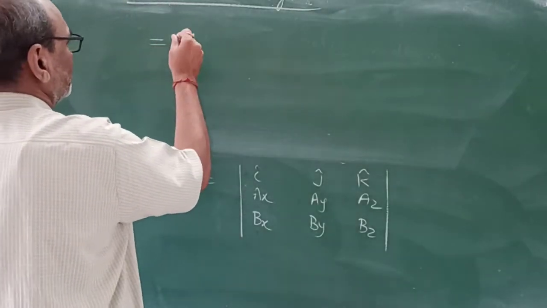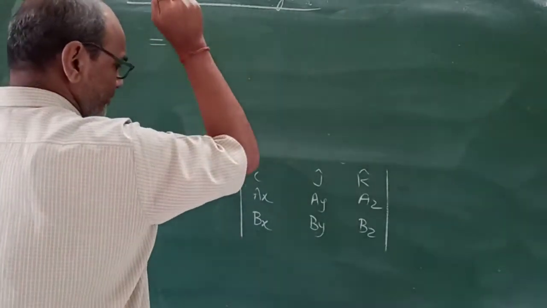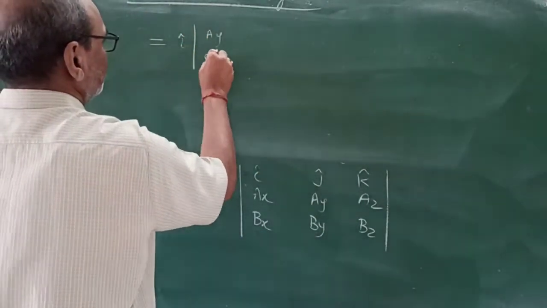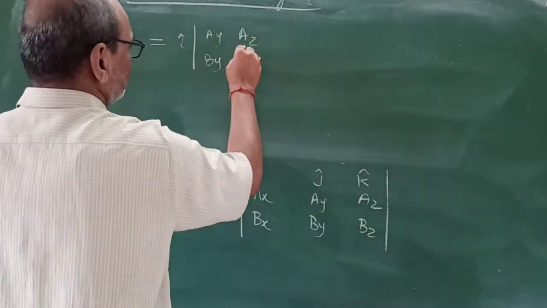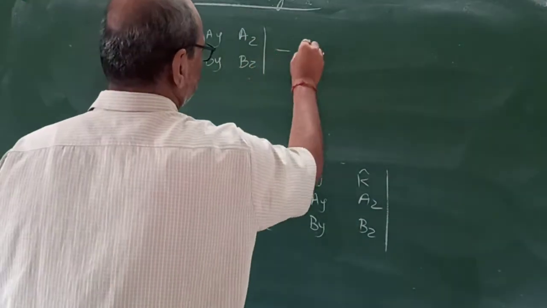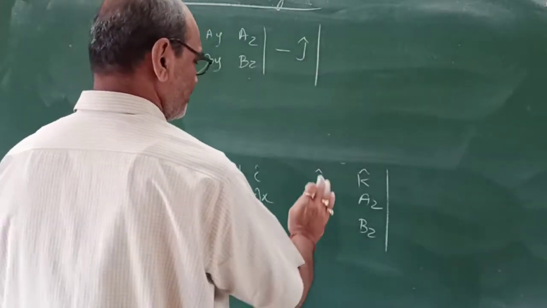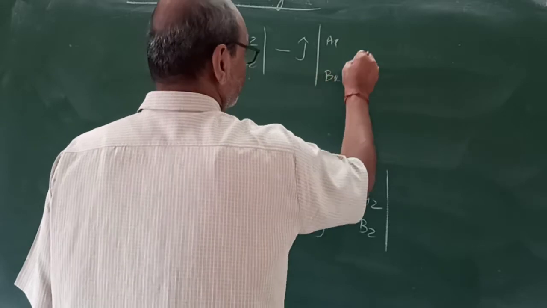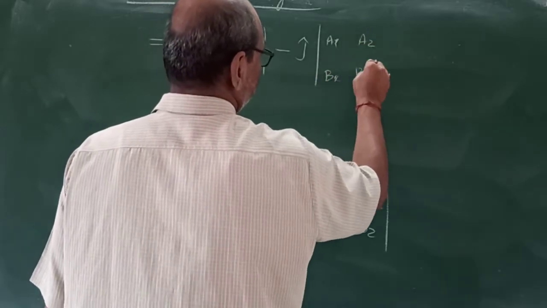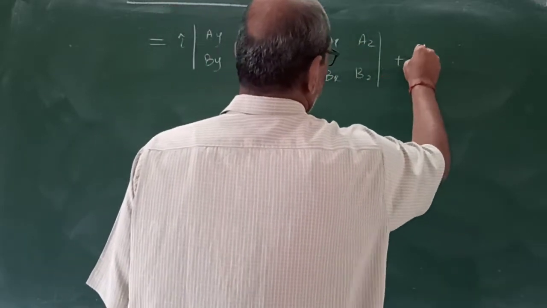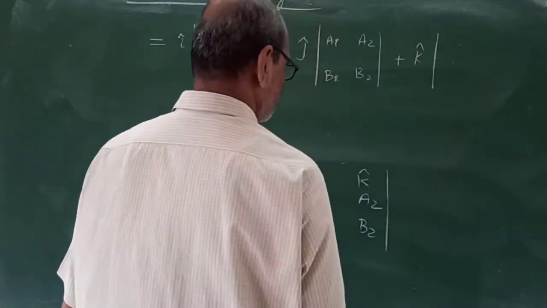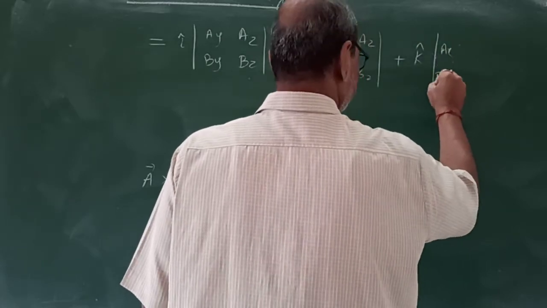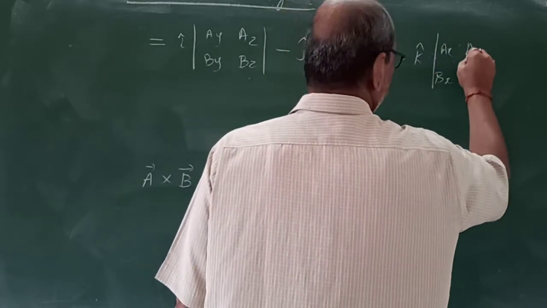It is equal to i, first of all closing the i row and column: ay by, az bz, with a minus sign. Then j, closing it: ax bx, az bz. Plus k, closing it: ax bx, ay by.